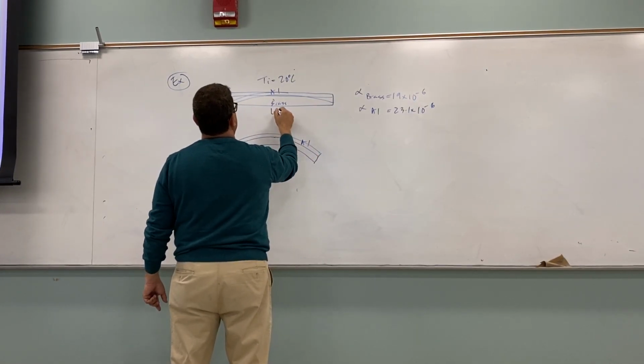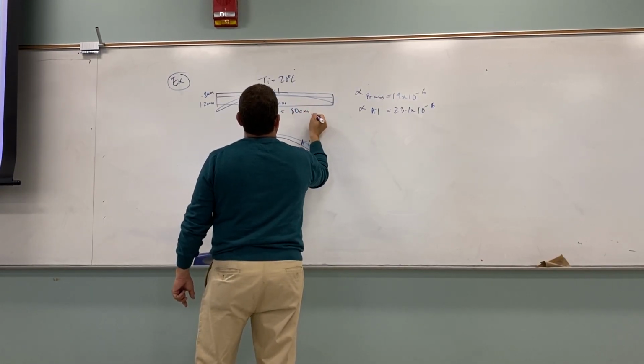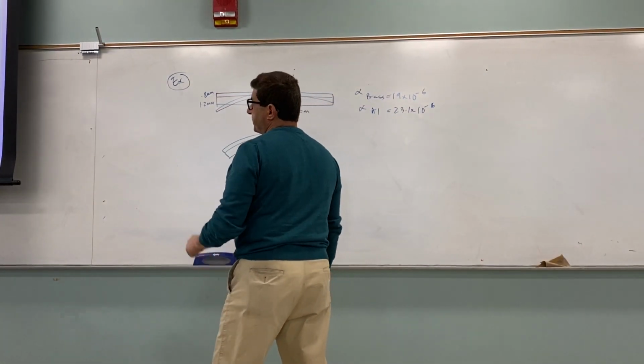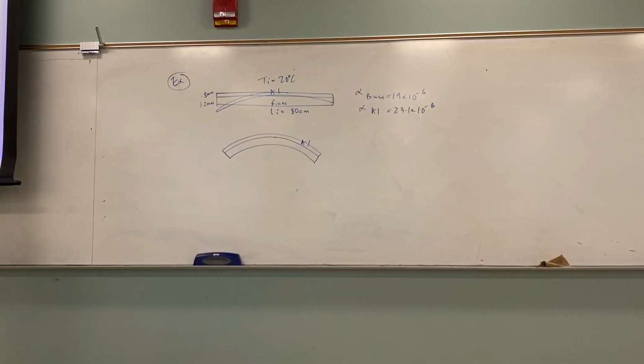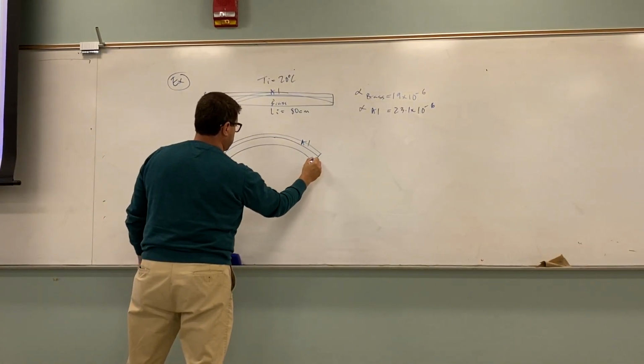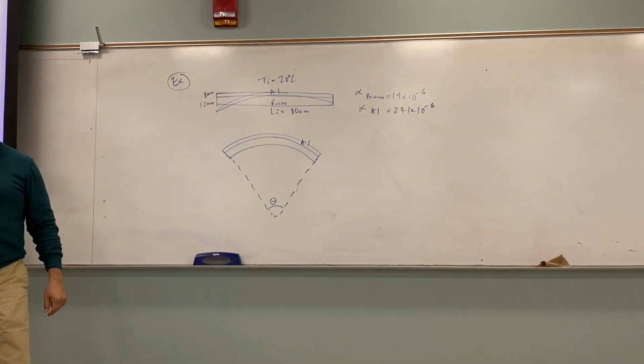And then let's say the initial length is 80 centimeters. So now what that means, they're asking for the subtended angle is that it's gonna arc like this, right? Like you saw in the video, and it's gonna make like a part of a circle. And this is theta. So it wants to know that theta.